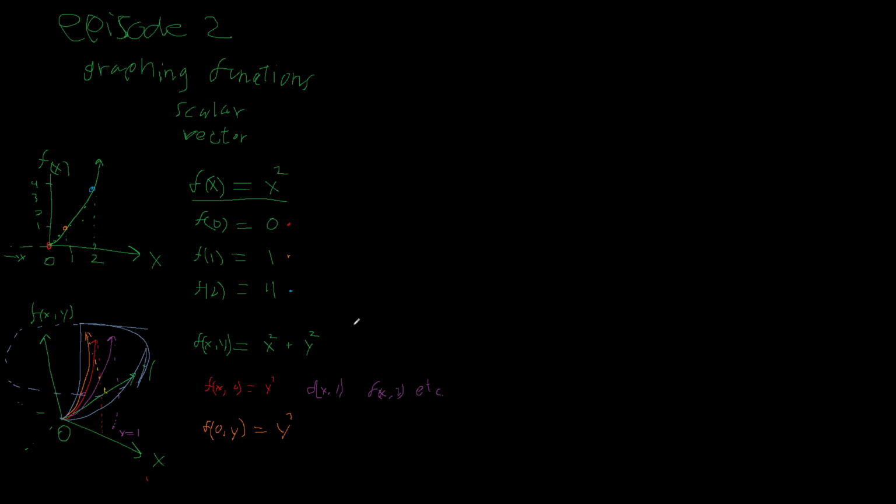So a vector valued function is going to be like this. This is scalar. Let's look at the function f of x and y. In this case, we actually don't need to use 3 dimensions. You can just use x and y.